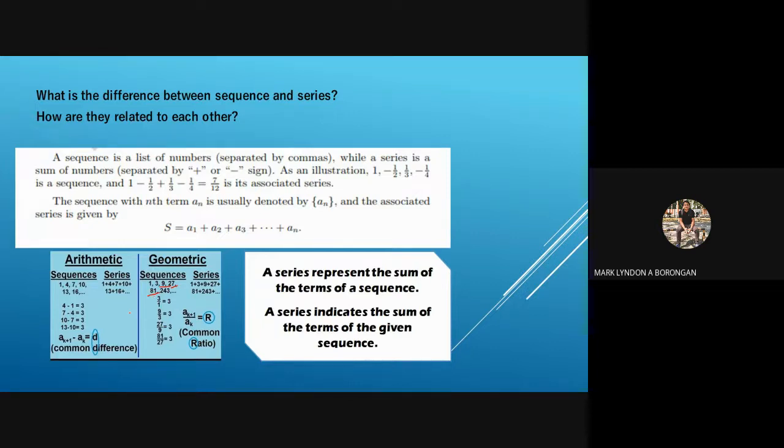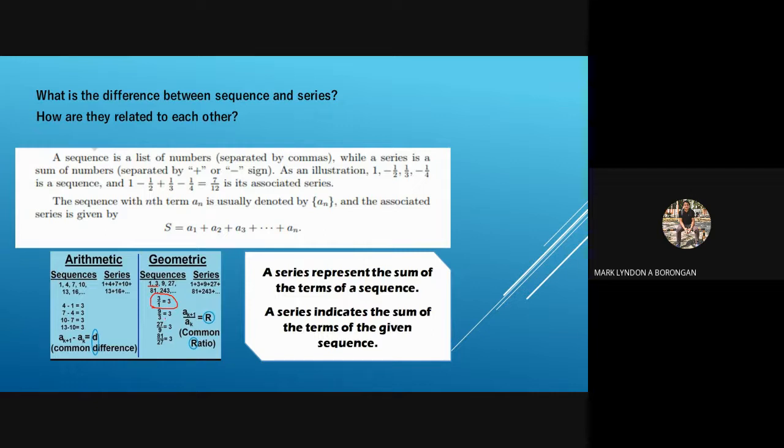So you have a sub k plus 1. This is also how to get the common ratio. a sub k plus 1 is 3, divided by a sub k which is 1, so you get 3.